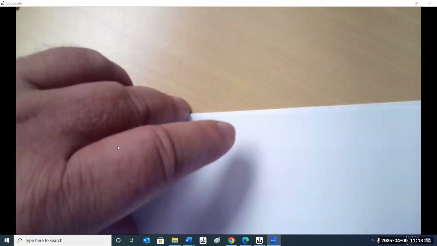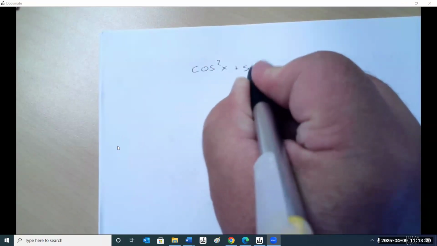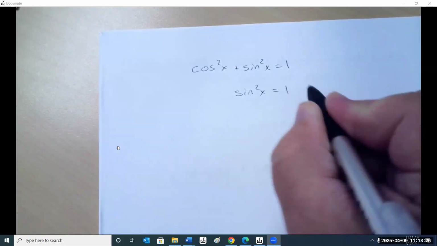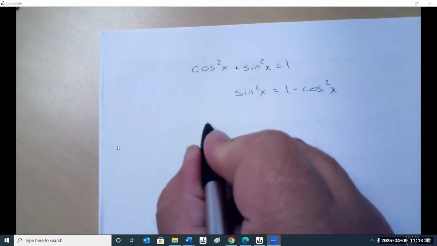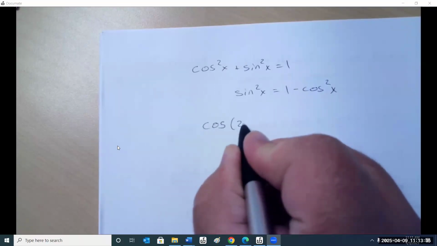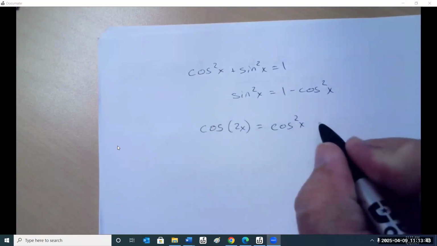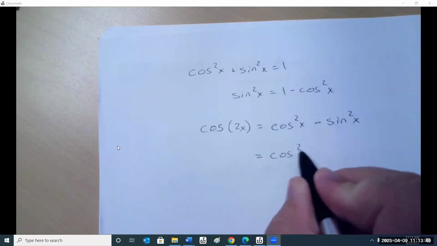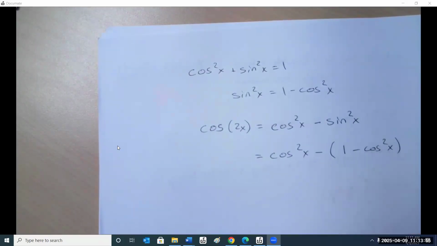What if we take cosine squared x plus sine squared x equals 1, and solve for sine squared x. So our double angle, which used to be cosine squared x minus sine squared x, is now going to be cosine squared x minus 1 minus cosine squared x.